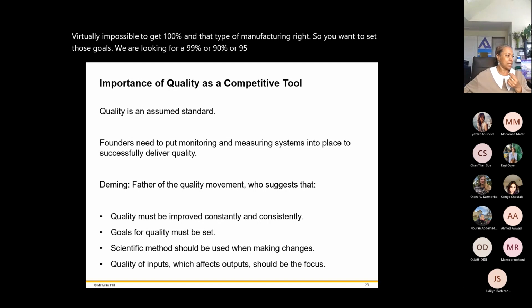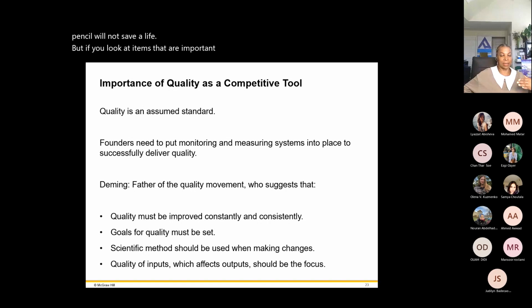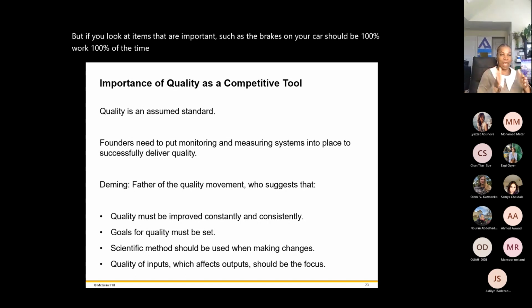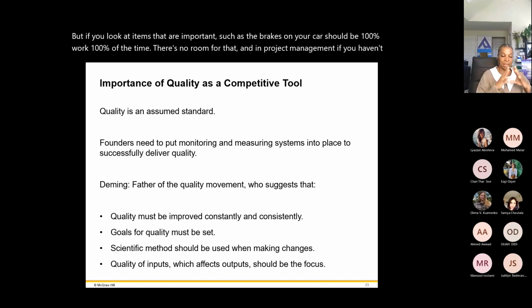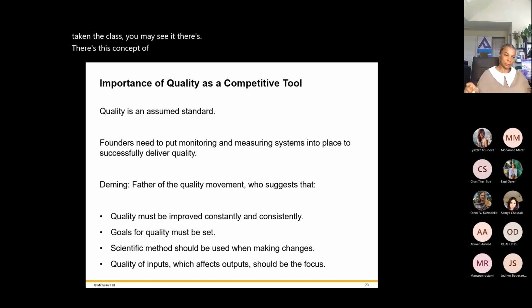If it's items that are not important, like a pencil, it will not save a life. But if you're looking at important items, such as the brakes on your car, it should work 100% of the time. There's no room for that. And in project management, if you haven't taken the class, you may see this concept of Six Sigma, which is standard deviation, and it shows you how many sigmas in terms of quality.